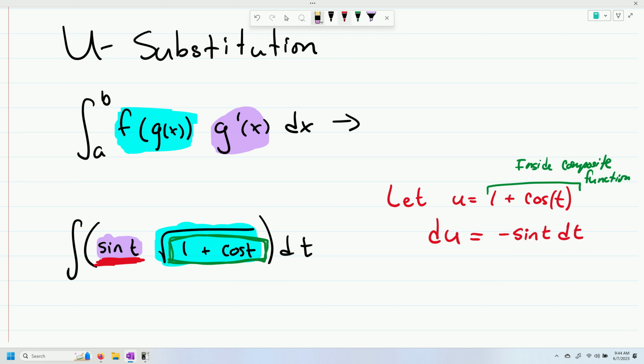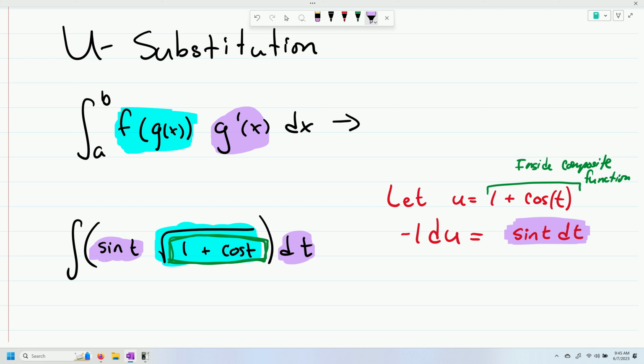So what I'm going to do is just go ahead and divide both sides by -1. In other words, I'm going to divide both sides by that coefficient of sine t. And I only do that because, and I'll show you here in a second, I want sine of t dt, which is in the original problem, to match exactly what I have on the right-hand side of my u substitution.